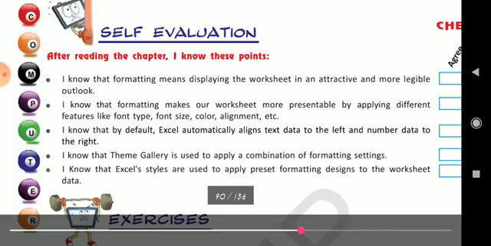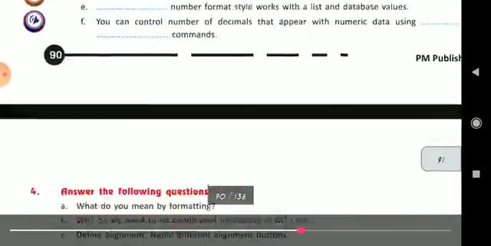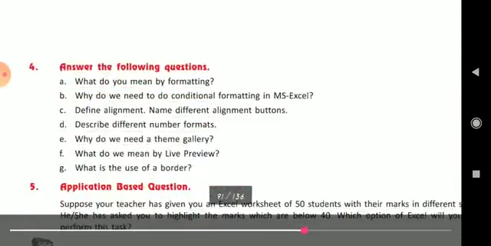Second question. Why do we need to do conditional formatting in MS Excel? So why do we need conditional formatting? While our cell data meets some specified conditions, if there is any condition to satisfy that, we use conditional formatting.